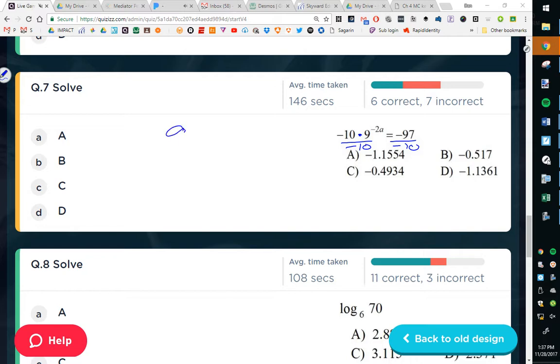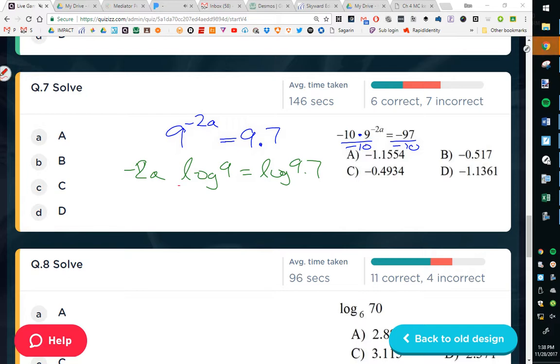When I divide, I get this problem. 9 to the -2a is equal to a positive 9.7. Now that I have that done with, I've got this problem over here with a in my exponent. How do I get it down? Log of 9 equals the log of 9.7. That -2a would fall in front.